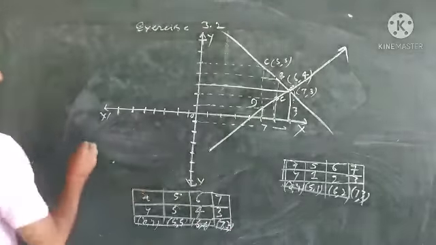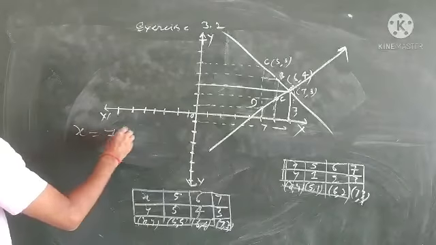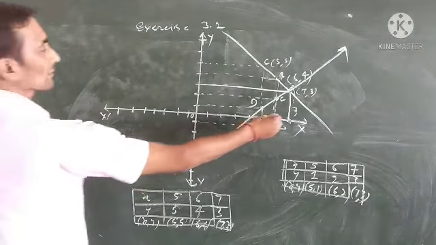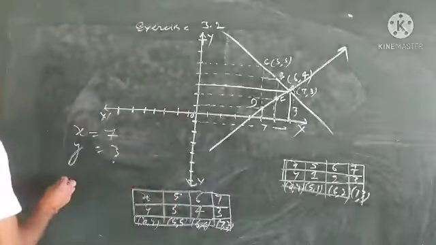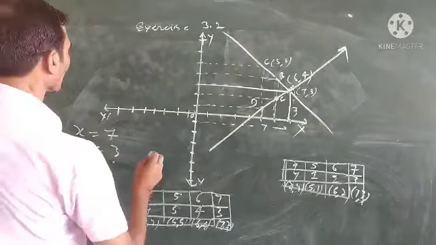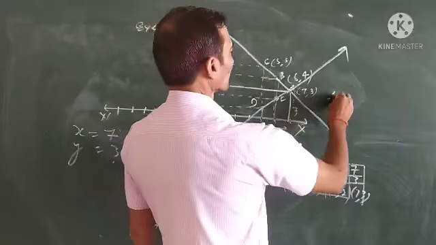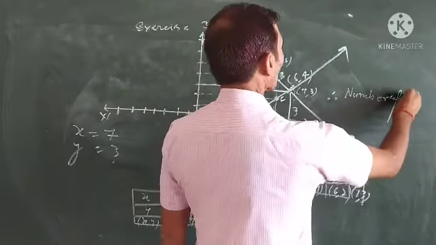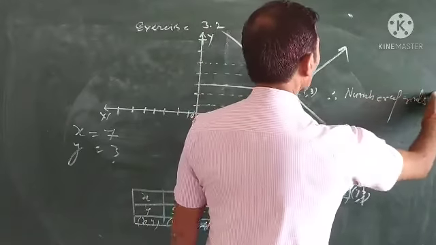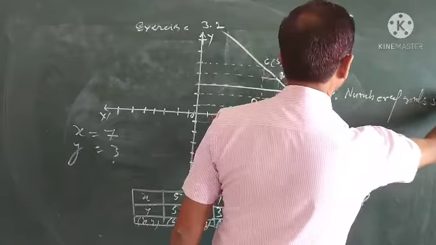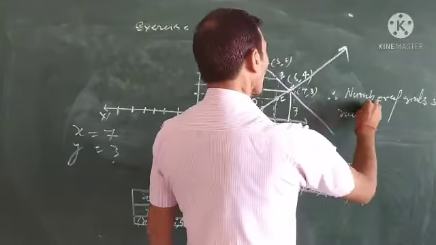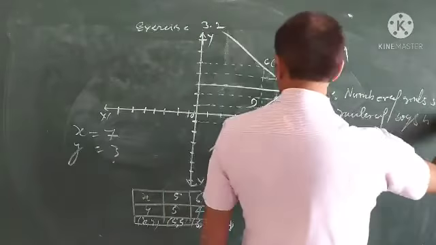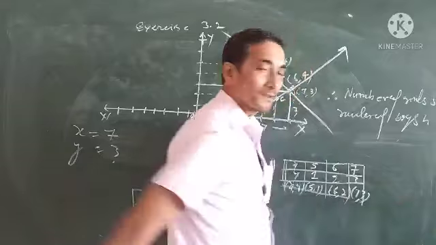So x = 7 and y = 3. Therefore the number of girl students is 7 and the number of boys is 3. That is your answer.